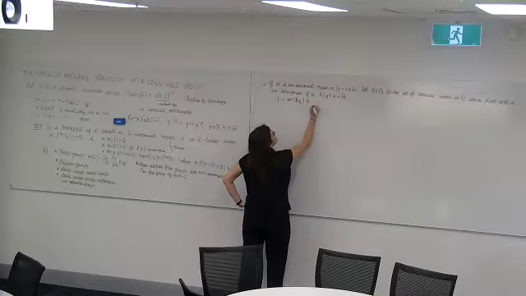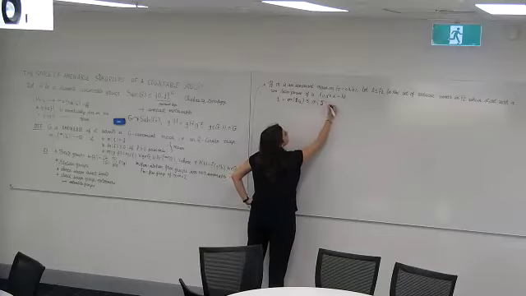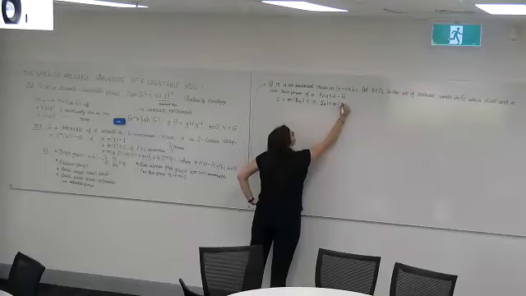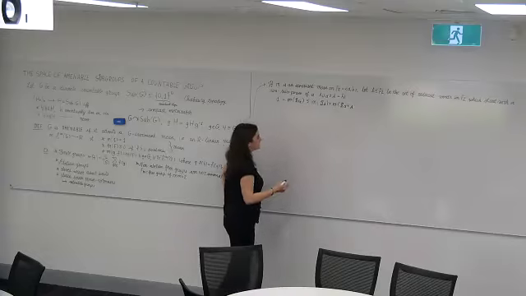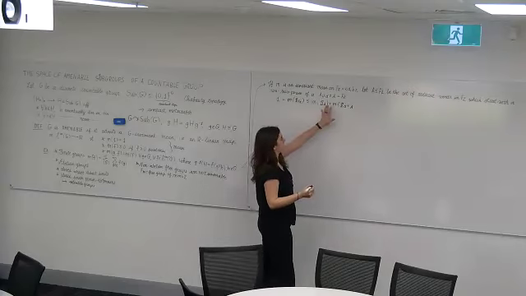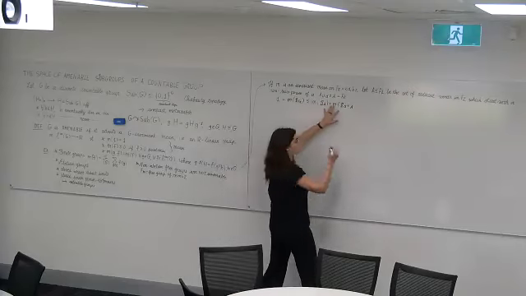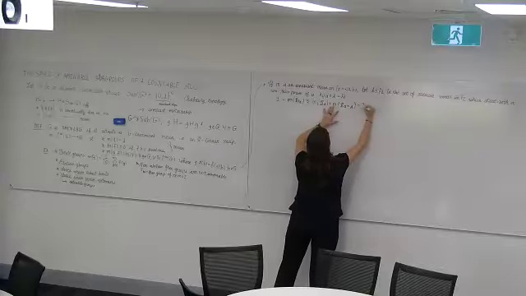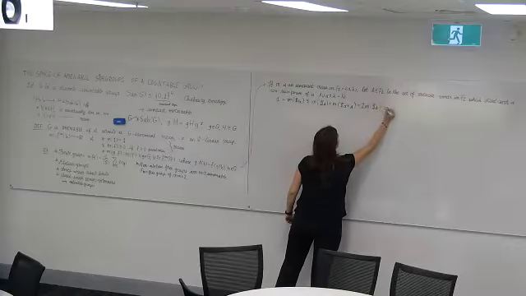But then this will be less than or equal to M of the characteristic function of A plus M of the characteristic function of a^{-1}A. But then these will have the same value because we're looking at an invariant mean. So it's just twice M of the characteristic function of A.